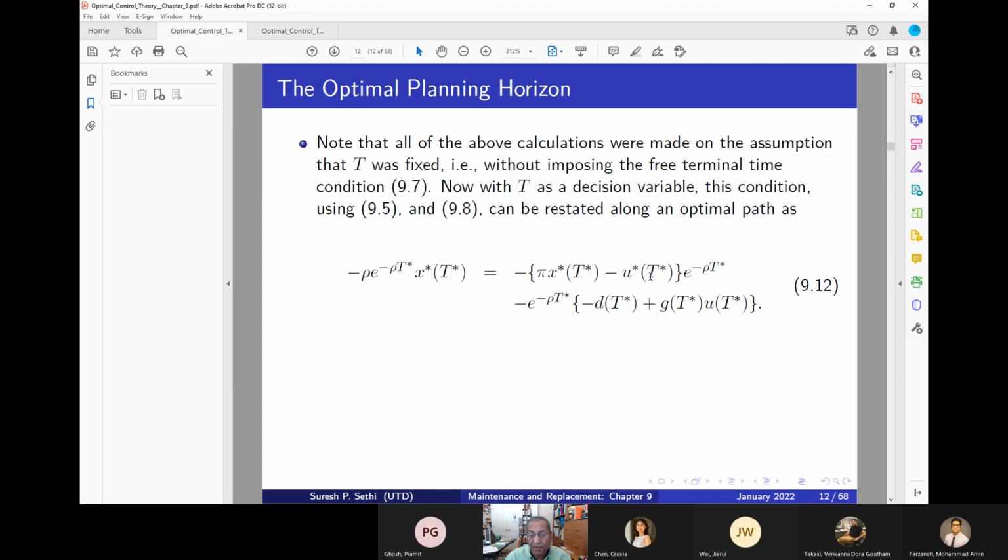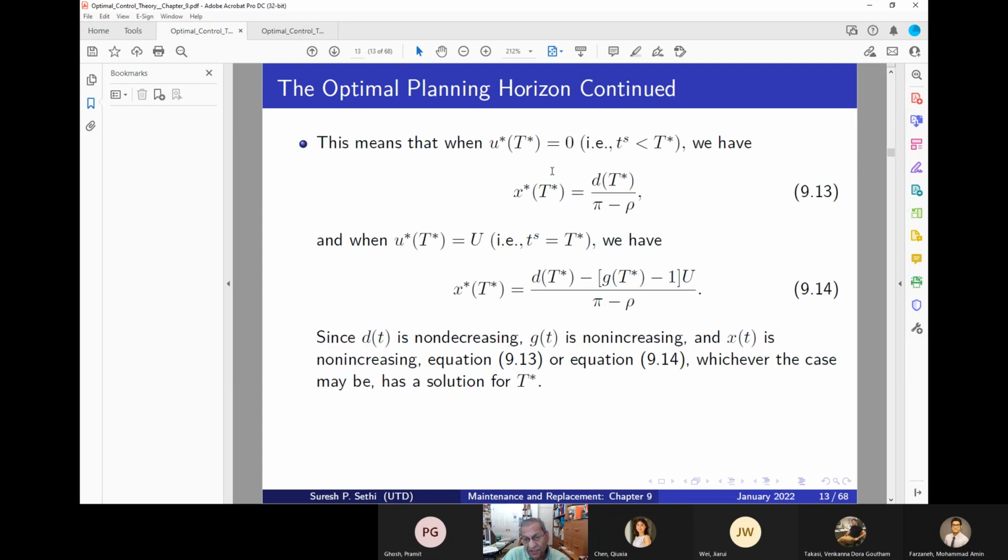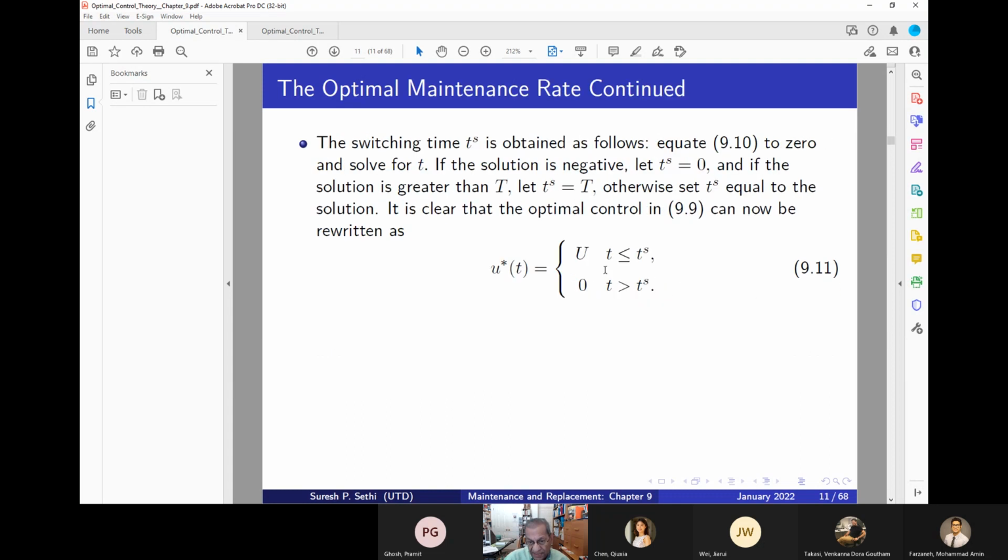There are two ways that can happen. But if it is 0, then we can substitute 0 here. If you substitute 0 here, this also means that if U star T star equals 0, then Ts is less than T star. If you look at this thing, it means this condition, Ts is less than T star.